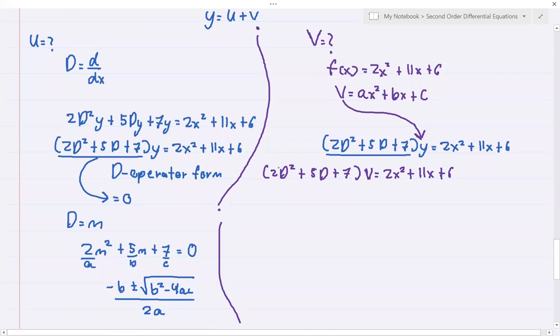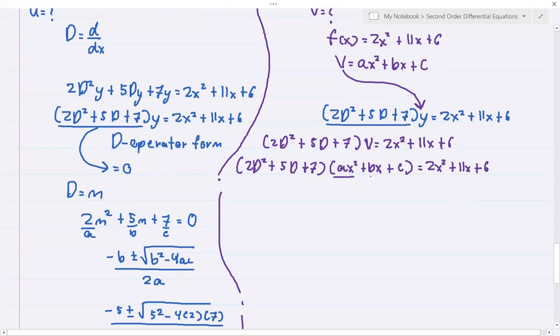Then after that, since your v is equal to ax squared plus bx plus c, so we will have quantity 2d squared plus 5d plus 7 times quantity ax squared plus bx plus c is equal to 2x squared plus 11x plus 6.